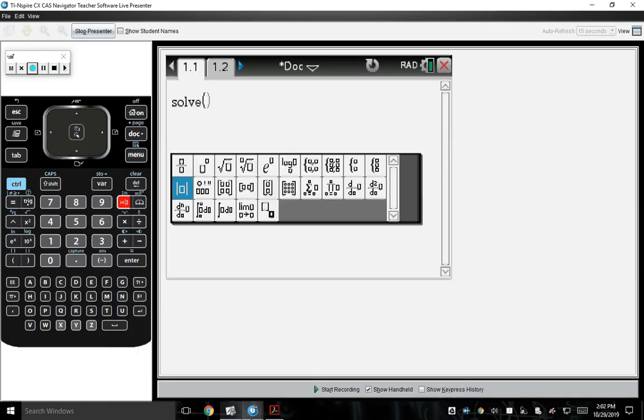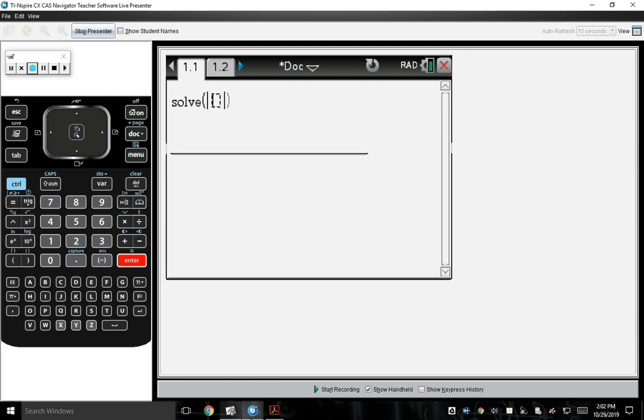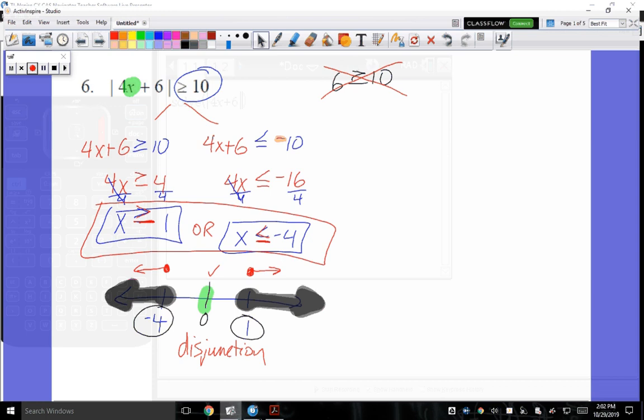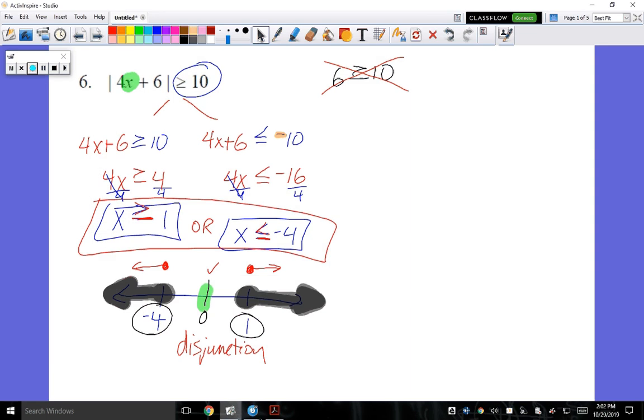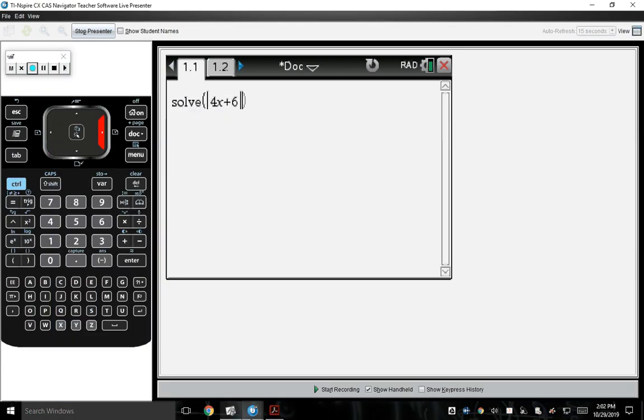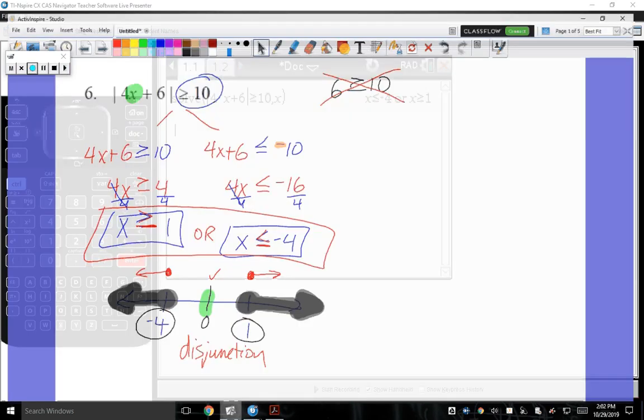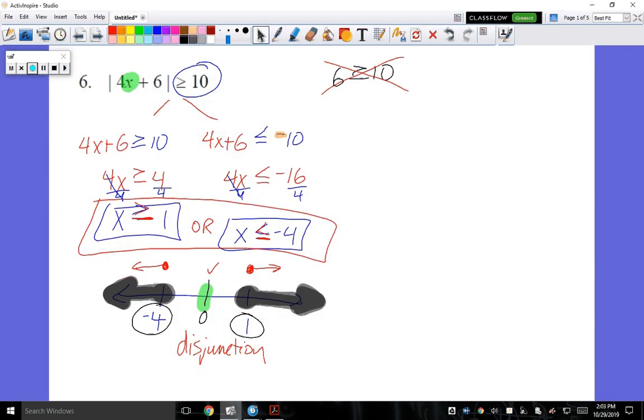Here's that absolute value key, 4x plus 6. Kick out to the right. We're going to say is greater than or equal to 10, so control equals, there's that greater than or equal to sign. At the very end, we have to remember to put comma x, because we're telling it what to look for. Sure enough, you get x is less than negative 4, or x is greater than 1, which is correct.